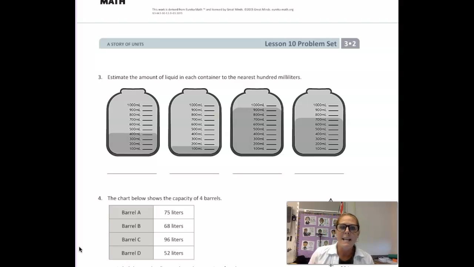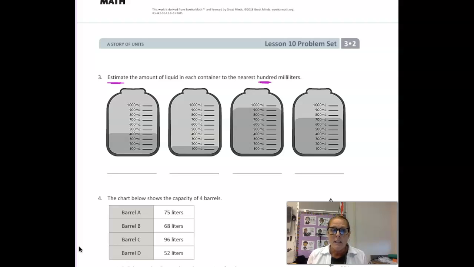Number 3 says, estimate the amount of liquid in each container to the nearest 100 milliliters. So they're telling us we want to estimate, so get it as close as we can to the nearest 100 milliliters. So let's take a look at the first one. When I look at that water line, it's just above the 400 line.